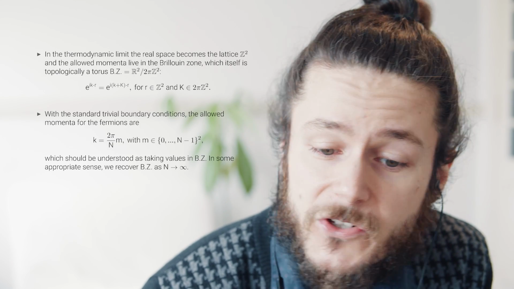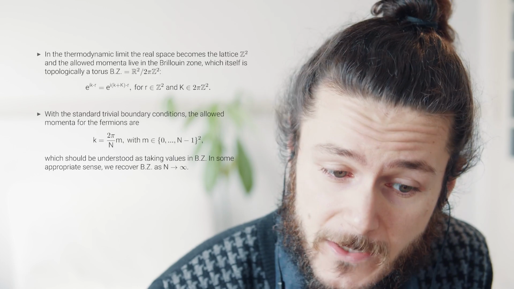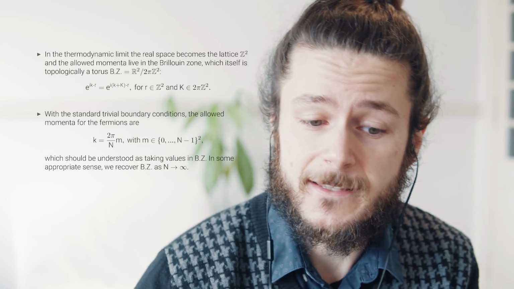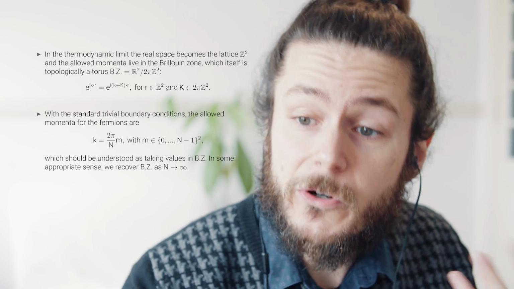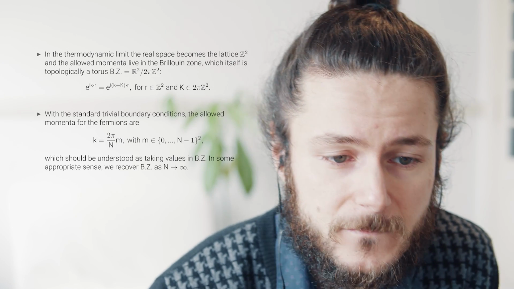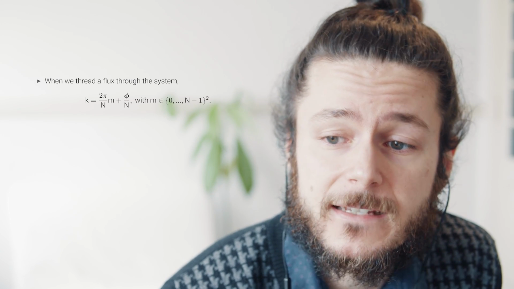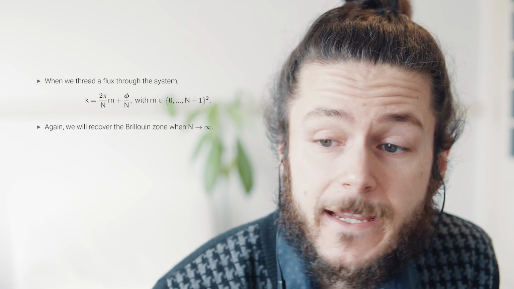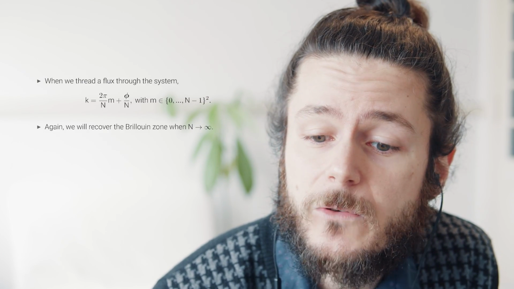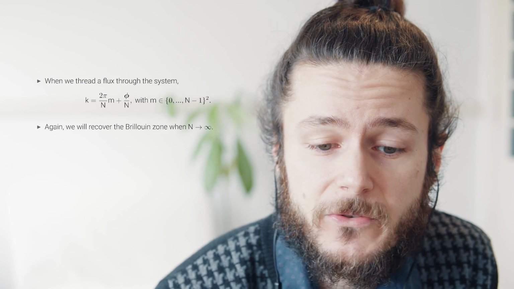Okay, this should be understood as taking values on the Brillouin zone, and in the appropriate sense, as n goes to infinity, we recover the full Brillouin zone. However, when we thread a flux through the system, now the allowed momenta are shifted by the flux, basically the flux divided by n, and again, of course, we recover the Brillouin zone as n goes to infinity.